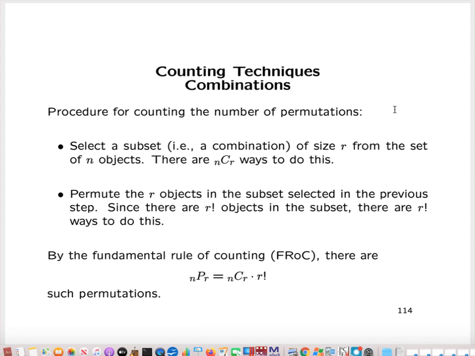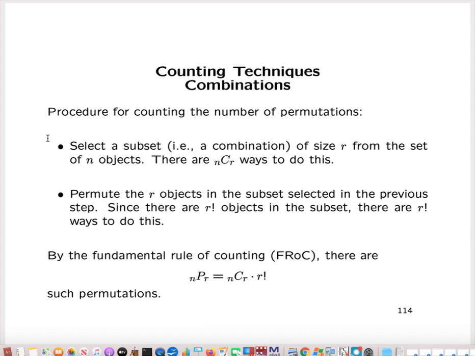Okay, so we're going to think of constructing a permutation. We're thinking about this as a two-step process. And so what we're going to be doing is ultimately using the fundamental rule of counting as well. So let's think about constructing a permutation of R objects taken from a set of n objects.